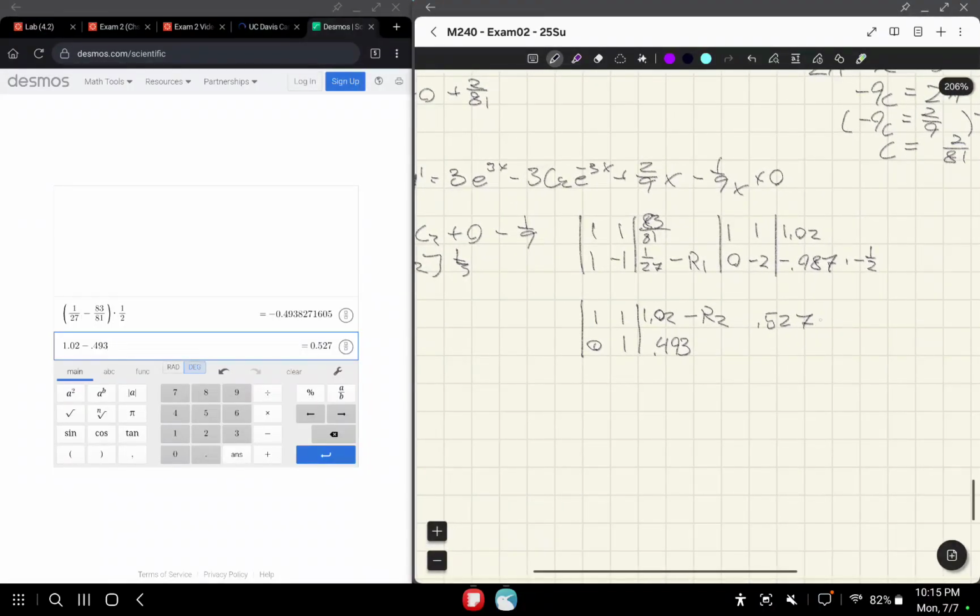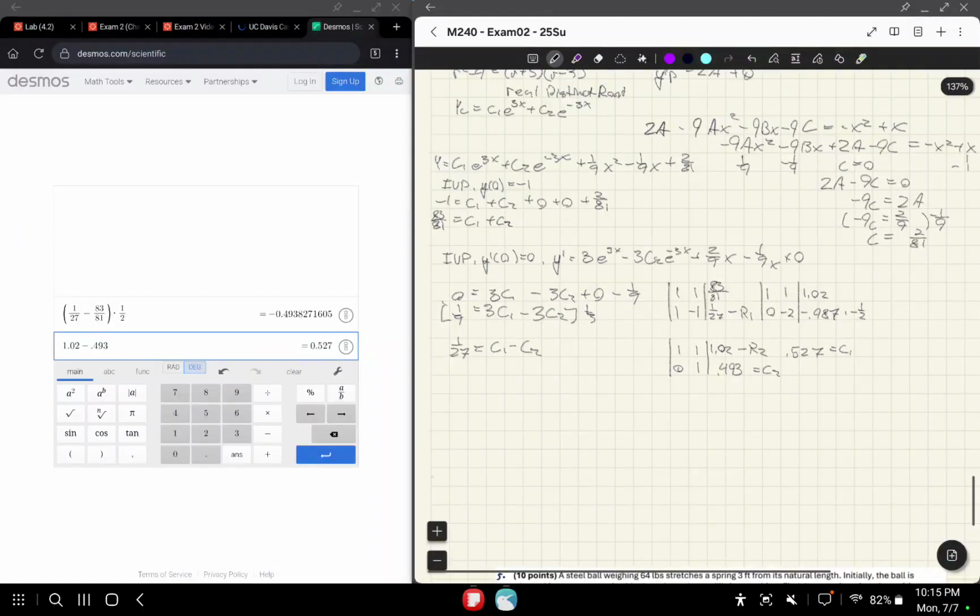This is c1, c2. Now we plug that into our whole solution.